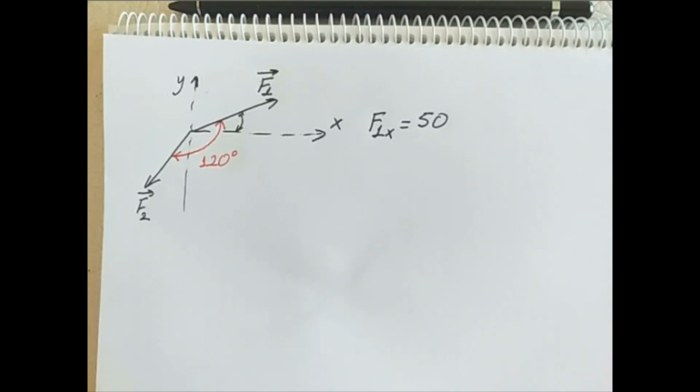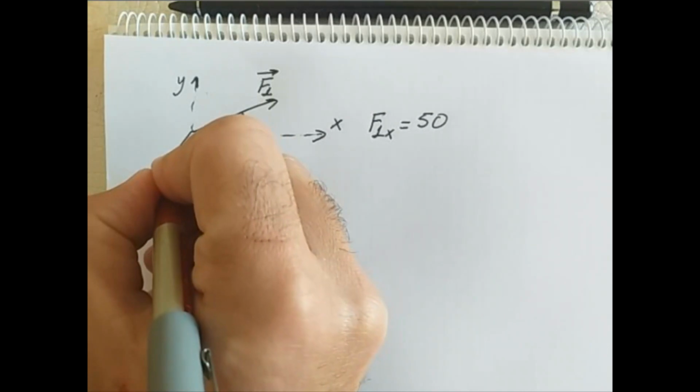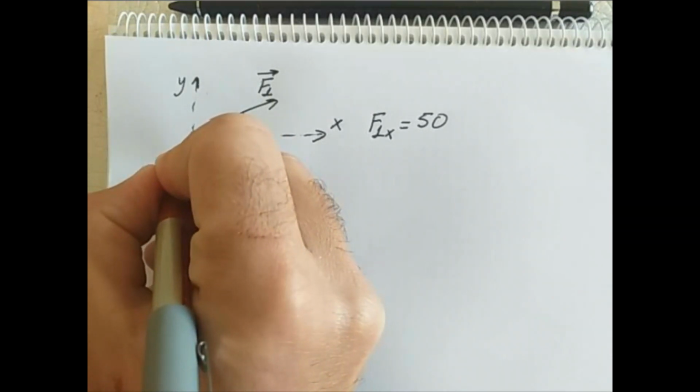This angle is 120 and this angle is given as 25 degrees. So since this angle is 90 degrees, this angle is 30 degrees. This makes F1x 50 multiplied by cosine 30.